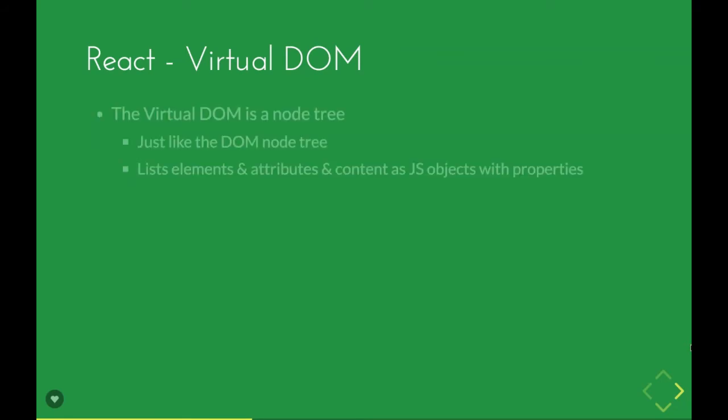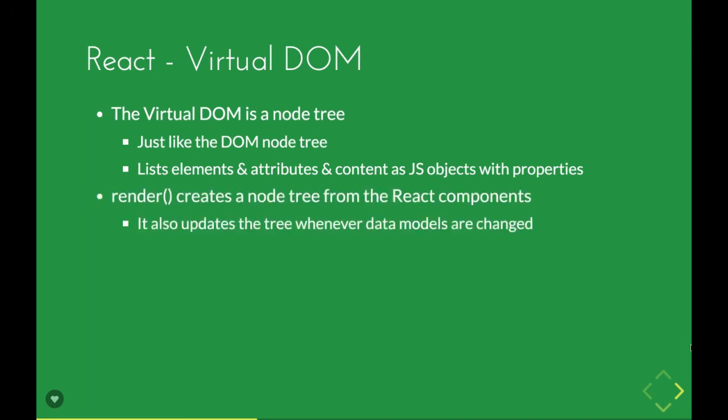So the virtual DOM, you might have heard about this, right? But the virtual DOM is a node tree, just like the DOM is a node tree. If you're familiar with how the DOM works within a web browser, it's very similar, but it's all virtual. So there's a list of elements, attributes, and content that exists as JavaScript objects with properties.